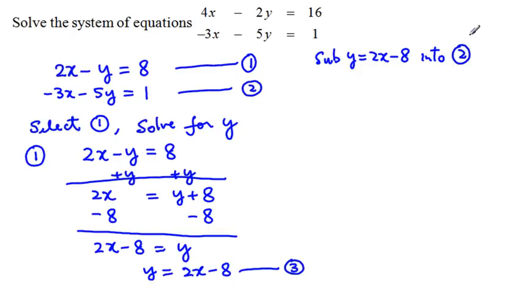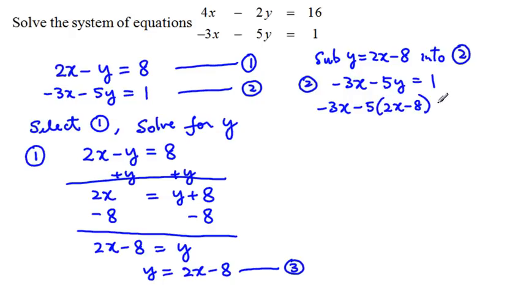Now on equation 2, we will have negative 3x minus 5y equals 1. But now all the y's become 2x minus 8. Be sure to have a parenthesis.